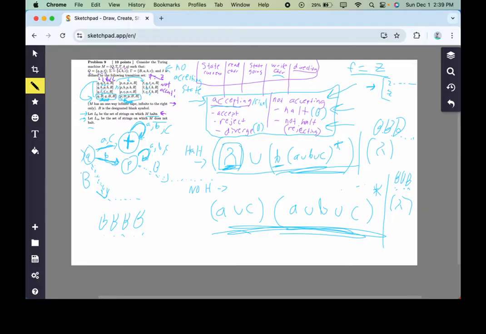Last thing about this question before we move on. This is asking for the set of strings, therefore it's a regex. It might ask for specific strings. If that's the case, straight up just make some strings up based on your regex. For instance, what are some strings that work for this halt? B on its own, BA, BAB, anything that starts with a B. Also lambda, you could put lambda there.